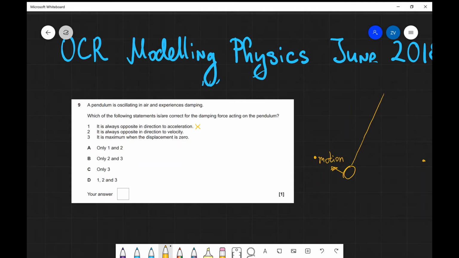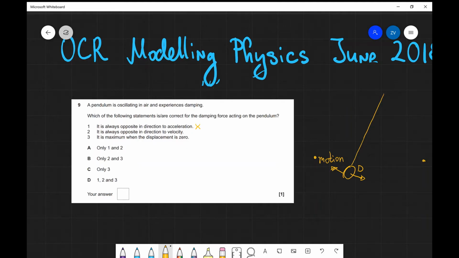The reason why it's incorrect, if we imagine this pendulum over here on the right, if the pendulum is going over to the left, in fact it's slowing down, but its direction of motion is opposite. So that means that the damping force, let's call it D, is going to be acting along this way, but because it's slowing down, the acceleration is also acting in the same direction. So the first one cannot be correct.